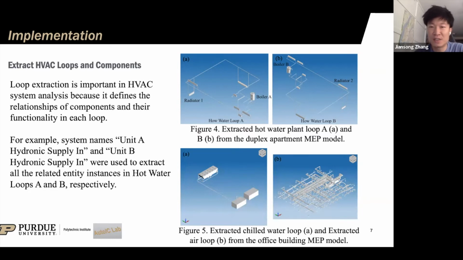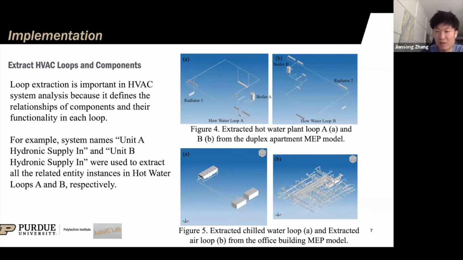And as you can see from Figure 4A, the boiler A is serving 7 particular radiators by providing the hot water. So by extracting the loop, we can know the relationship between the boiler and the radiator. And further, the radiator will serve thermal zones correspondingly.